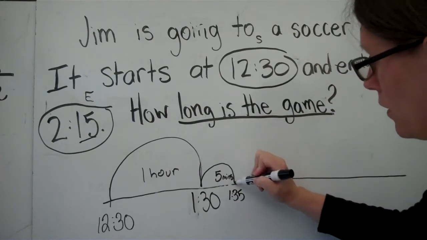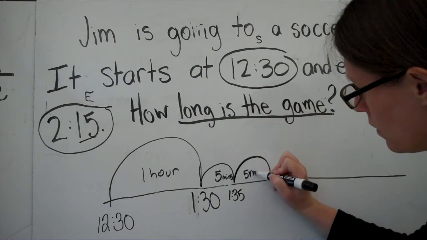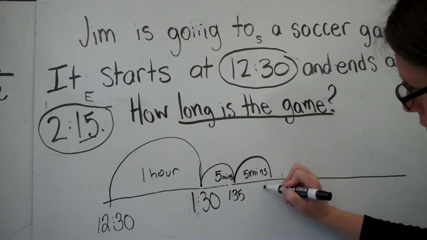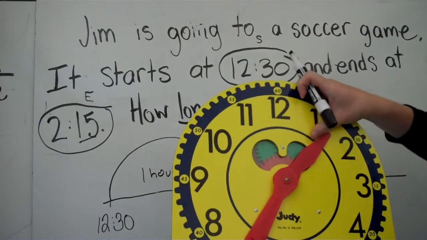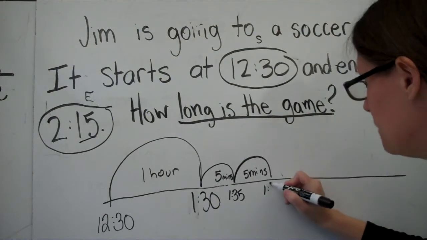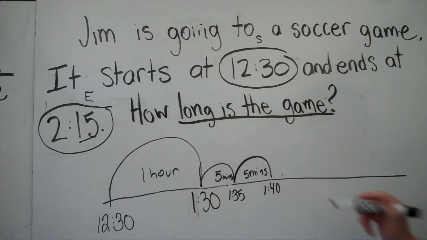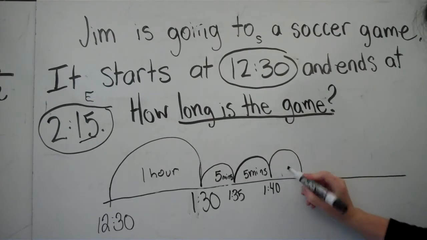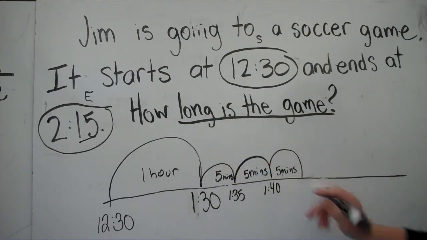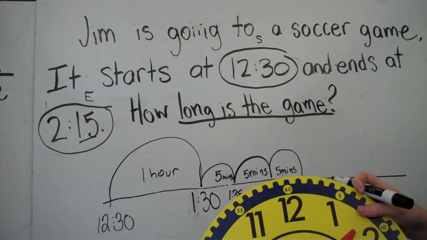And then I'm going to hop another 5 minutes because I'm not to 2:15 yet, and I get to 1:40 on my clock. Then I'm going to hop, I'm not at 2:15, so I got to keep going. I'm going to hop another 5 minutes. I get to 1:45.